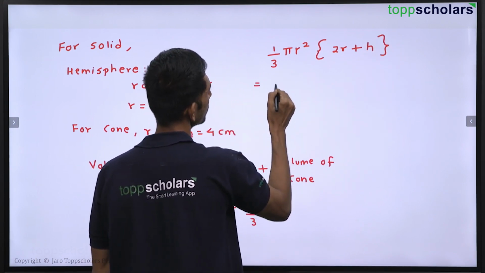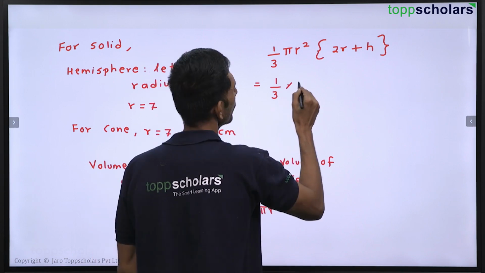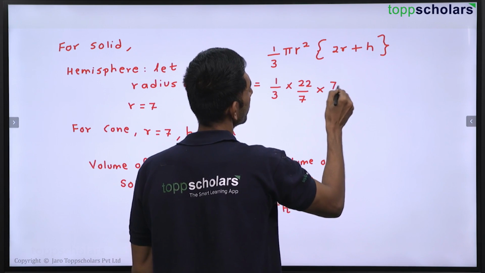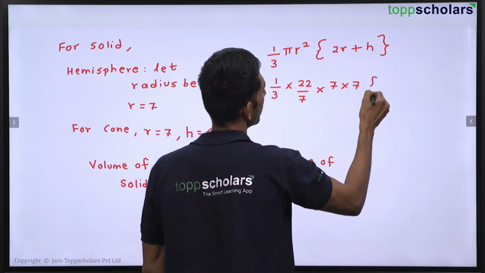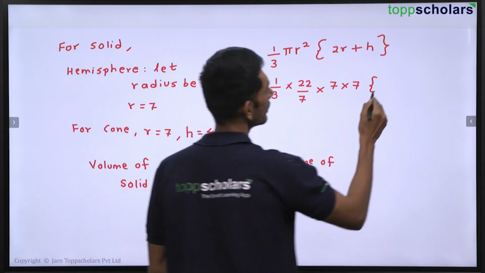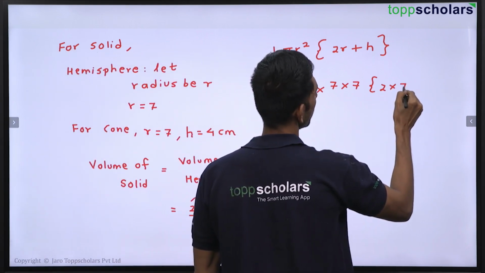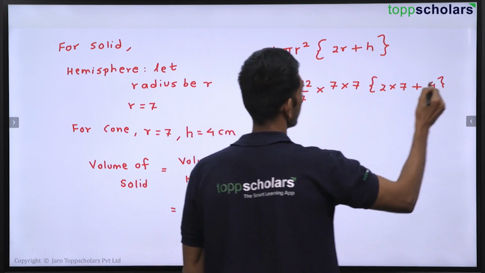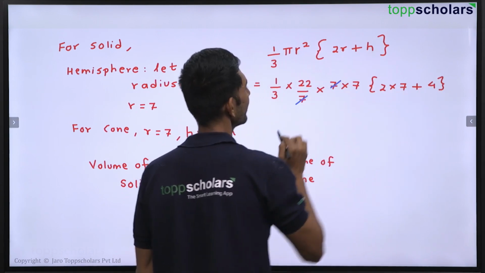So this becomes 1 by 3 into 22 by 7 r square, 7 into 7 inside the bracket 2r, that is 2 into 7 plus h is 4. So 7 gets cancelled.